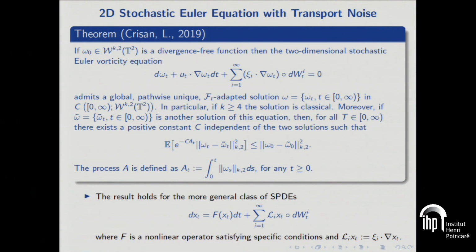So if we start in W^{k,2} with a divergence-free function, which is a very important technical condition, so the fluid is incompressible, then the two-dimensional stochastic Euler vorticity equation given here admits a global pathwise unique solution. Moreover, if k is large enough, then certain Sobolev embedding theorems allow us to conclude that the solution is even classical. And we have this also nice relationship for the two different solutions. Of course, that uniqueness is actually a consequence of this relationship, the one with expectation you can see over there.